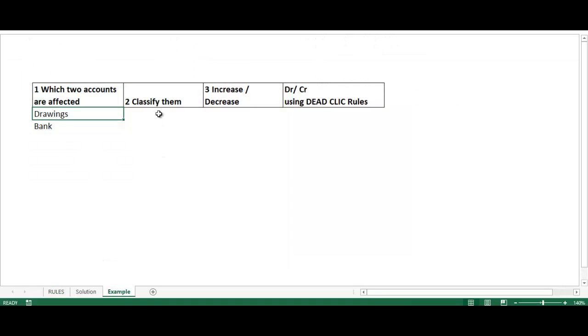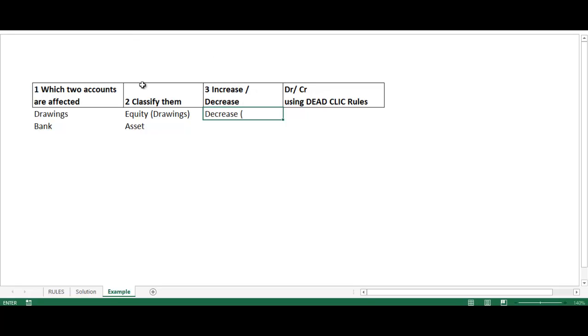So drawings is an equity account. But in brackets, I'm just going to put drawings and you'll see why. Bank, we already know that's an asset because it's money that the business has that it can use to buy other assets and turn it into more money. Right, what happened to equity? If the owner takes money from the business, the owner's interest, the equity, remember equity is the owner's interest in the business, is going to decrease.